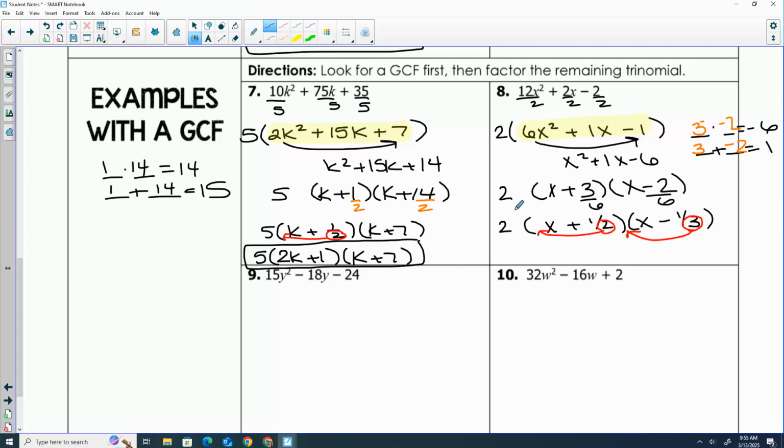So we have the 2 we factored out, then 2x plus 1, 3x minus 1. I want you guys to try number 9.